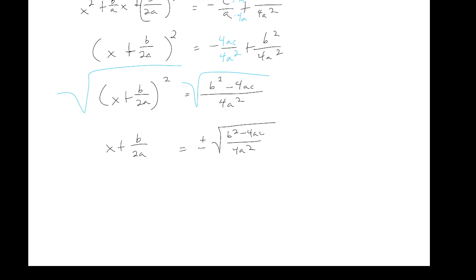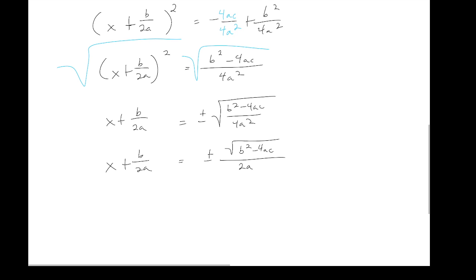What it's going to give me, x plus b over 2a, is going to be equal to plus or minus. The numerator is still stuck as b squared minus 4ac. Some people may look at that and think, well, we can take a square root there. You can't, because we have two separate terms. But the singular term, 4a squared, will come out as just 2a.